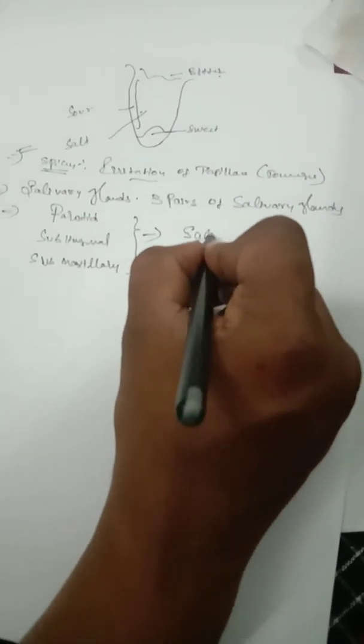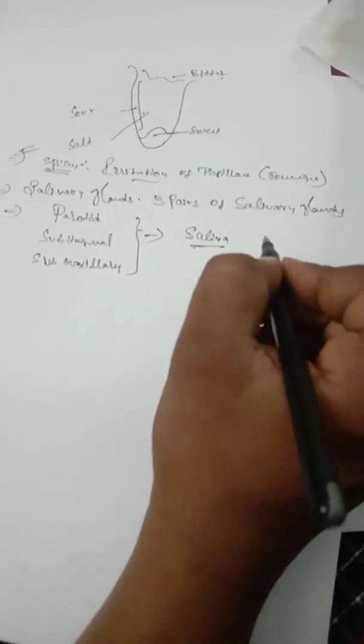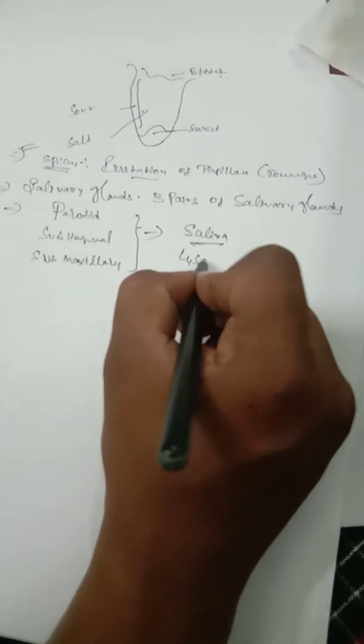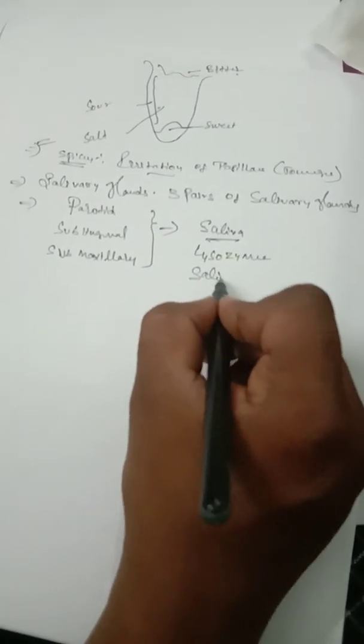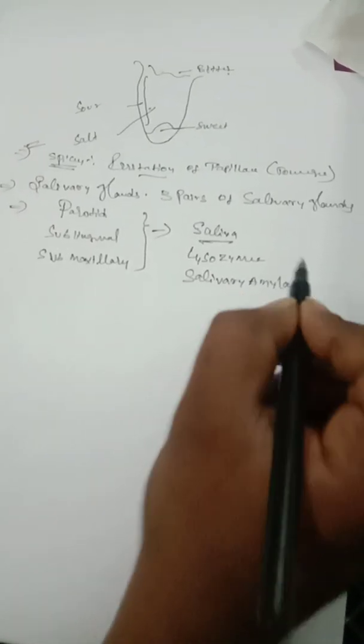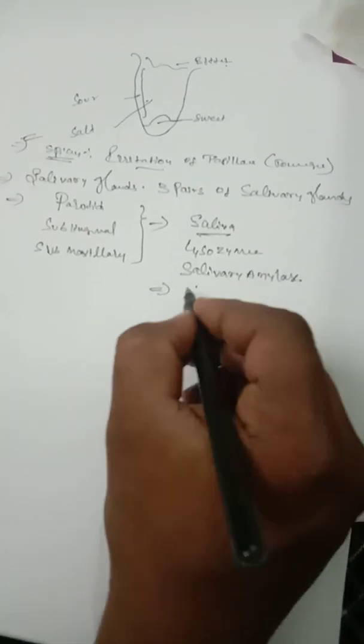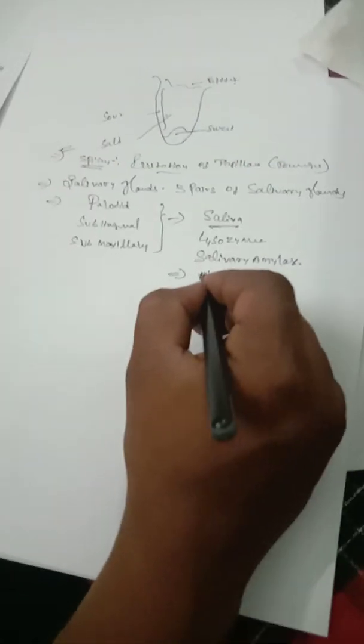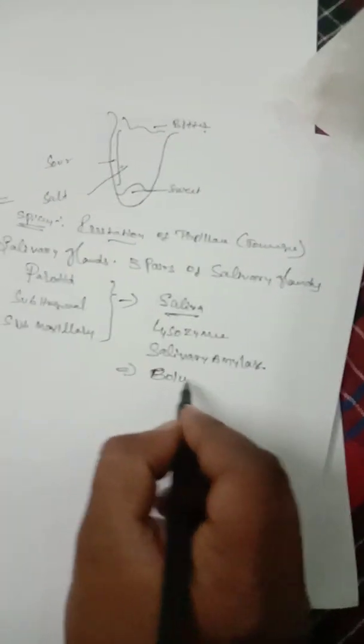These glands need deeper discussion, but you should remember right now that they secrete saliva. Saliva contains two types of enzymes, lysozyme and salivary amylase. Saliva helps in adding to food to form the bolus.